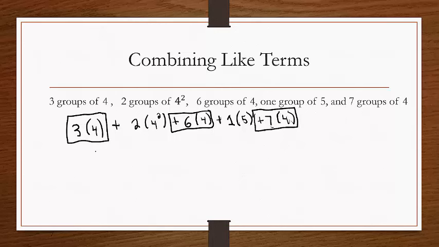So if I wanted to know how many total groups of 4 do I have, well, I have 3, 6, and 7. So if I add 3 plus 6 plus 7, I'm going to get 16. So really, I have 16 groups of 4.